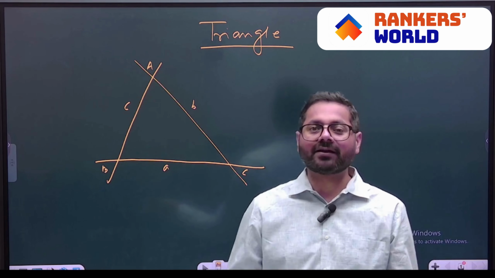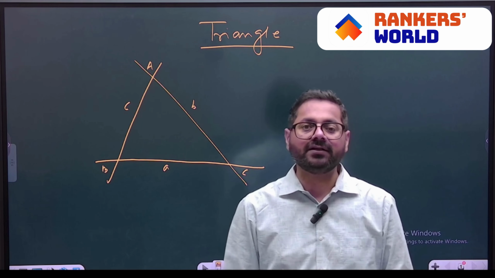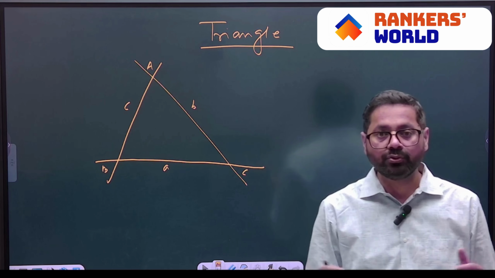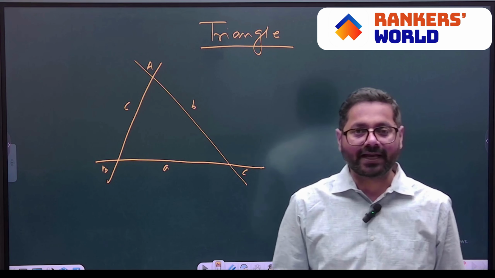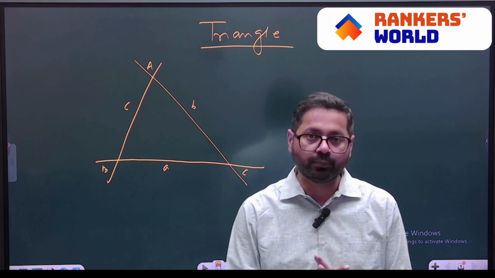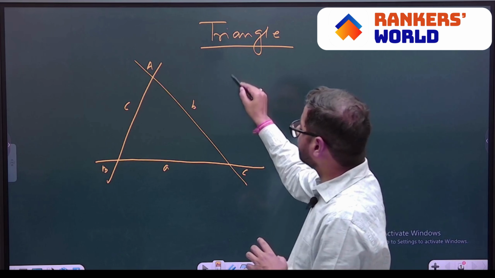You can't make a closed diagram with two lines, but three non-parallel lines make a triangle and you get a closed loop, and that's where we get a concept called area.